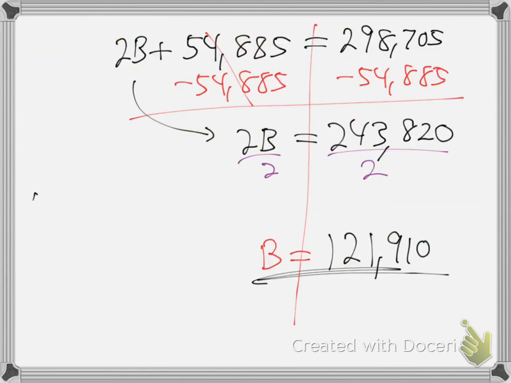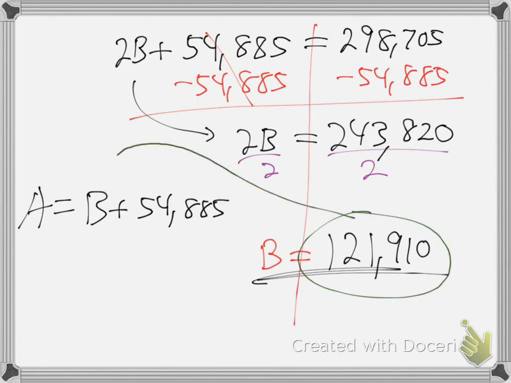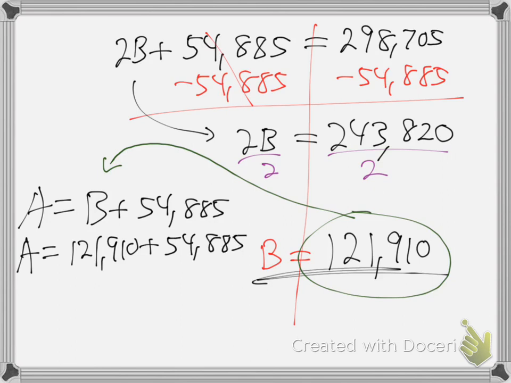So I take that 121,910 and put it in there for B, so A will be 121,910 add 54,885. So A will be 176,795. Thank you.